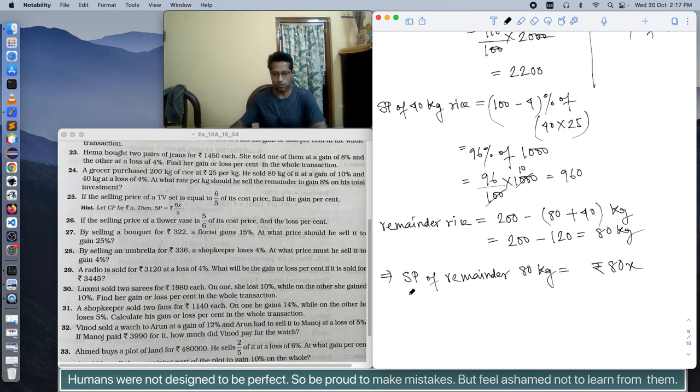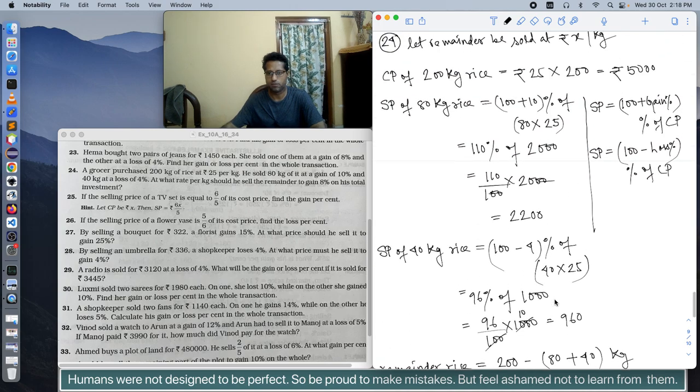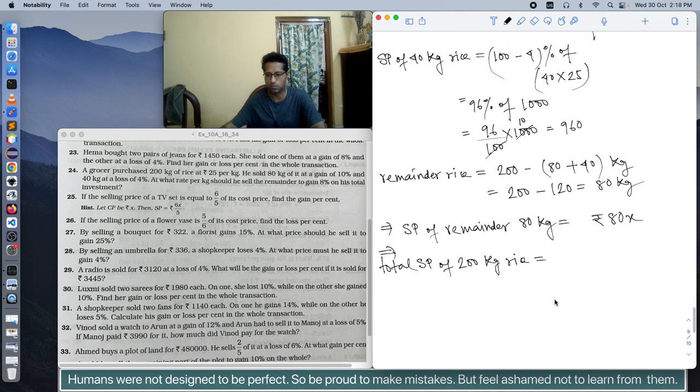Now what is the total selling price? The total selling price of 200 kg rice is equal to the selling price of the first 80 kg of rice, which was 2200, plus the selling price of 40 kg of rice when it was sold at a loss, which is 960, plus the selling price of the remainder, which is 80x.